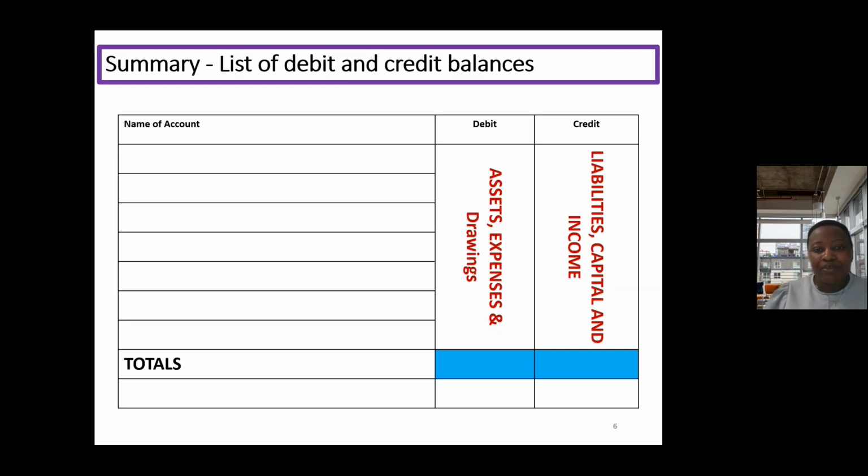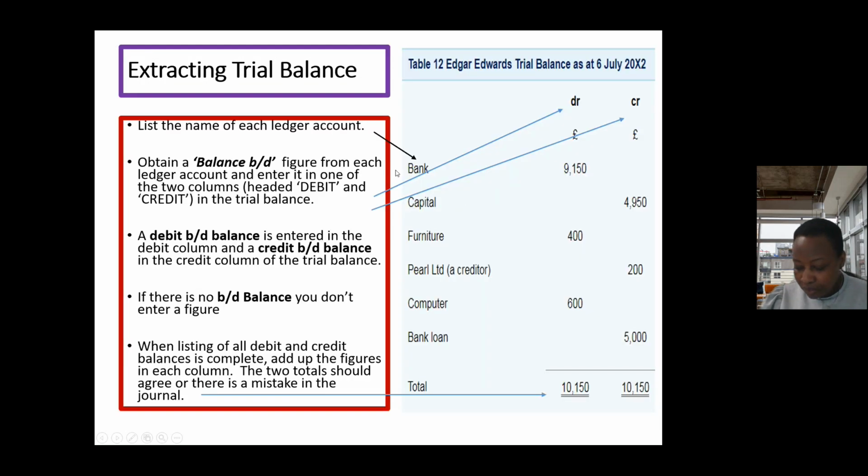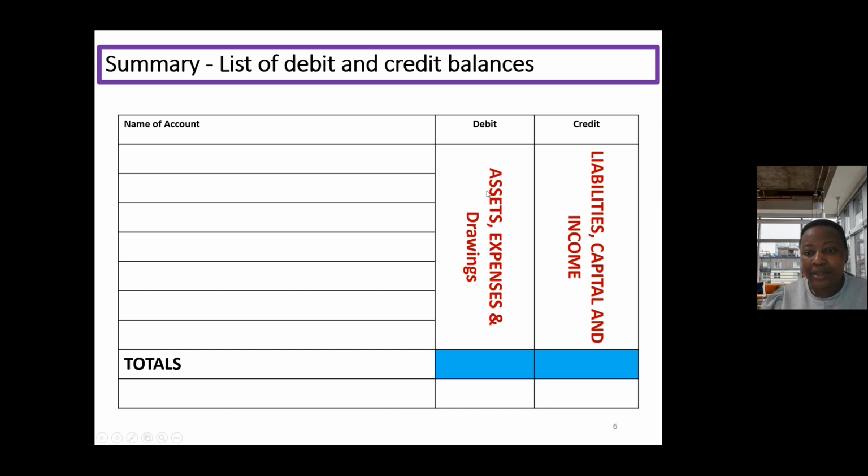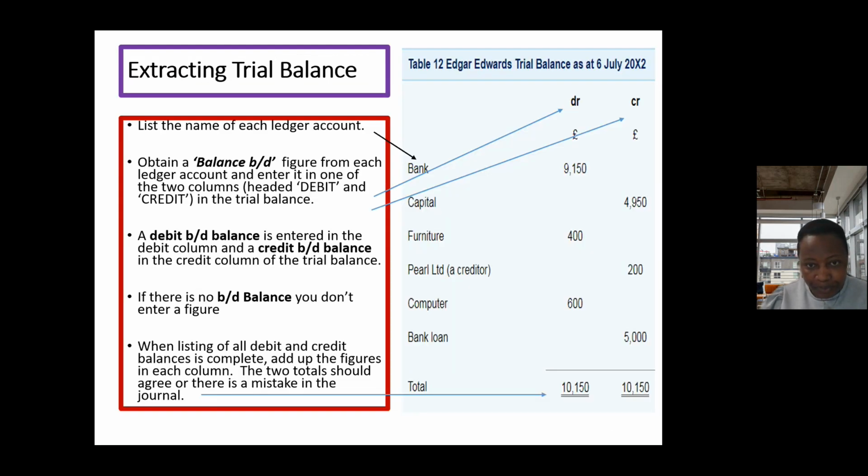So we know that our assets, our expenses as well as our drawings would have a debit entry, whereas our liabilities, our capital as well as our income would have a credit entry.